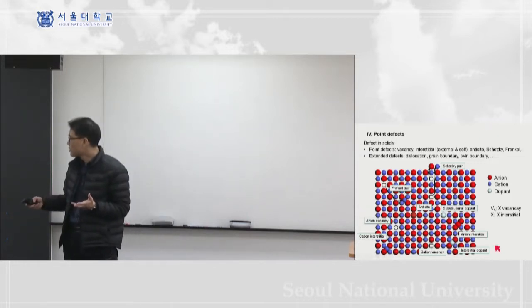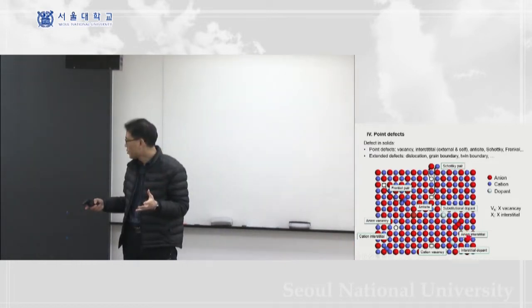And there are interstitials. Interstitials mean atoms are placed inside the material, and when an anion atom is inserted in the crystalline site, it is called an anion interstitial, or a cation interstitial in this case.